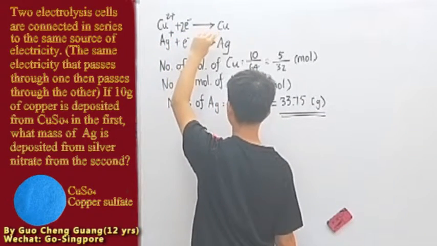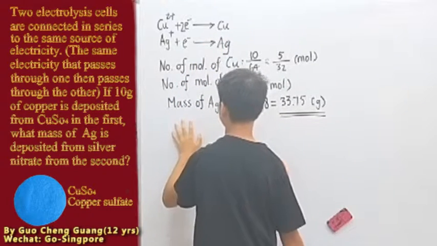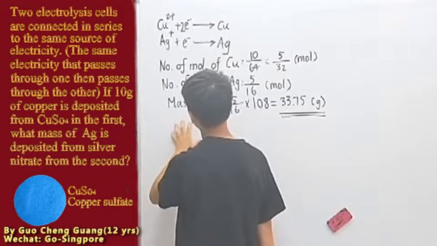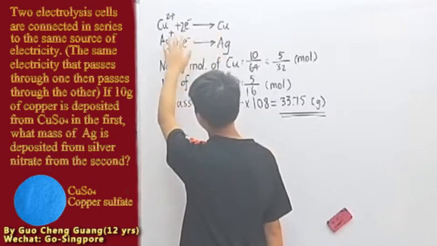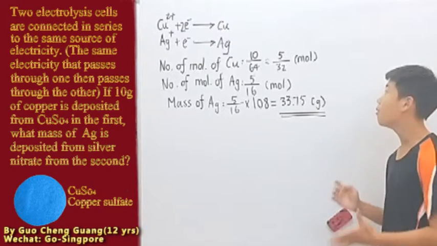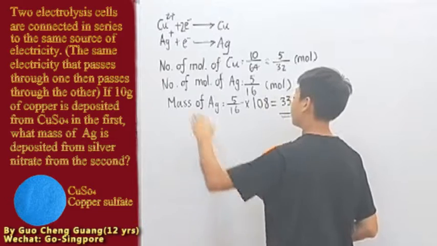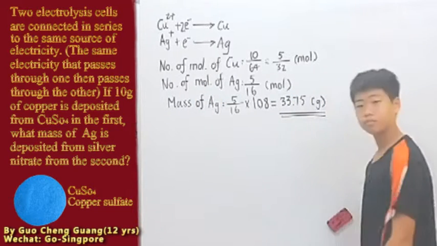Then you can find the number of moles of silver, then back to the mass of silver. Or if you want to go all the way, you can keep on finding until the time taken, but that is going to take very long. But what you'll realize at last is they'll all cancel out.